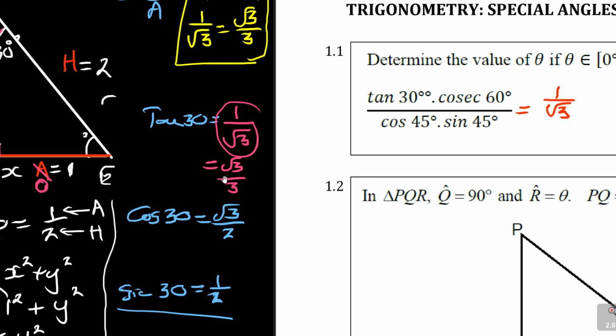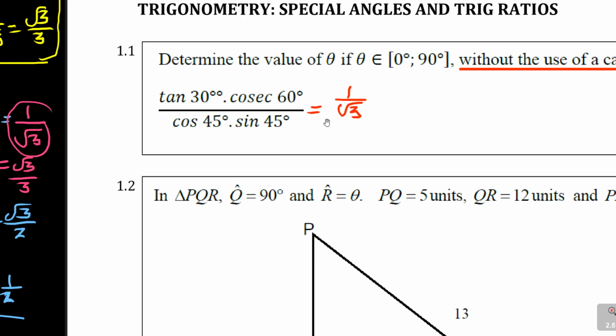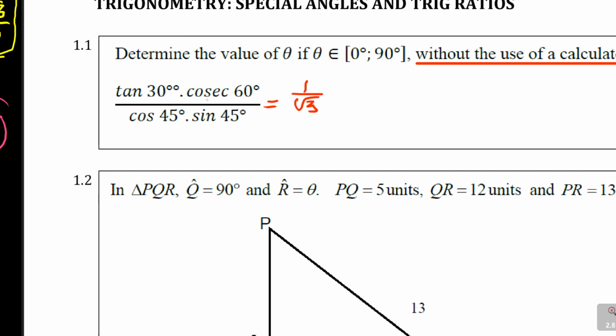You don't write what the calculator is giving you. You write the original version. Are you with me? So that is that, and then you say dot cosec 60. Now remember, cosec comes from, let me write it down here, cosec theta is equal to 1 over sin theta, which means cosec 60 is the same as saying 1 over sin 60.